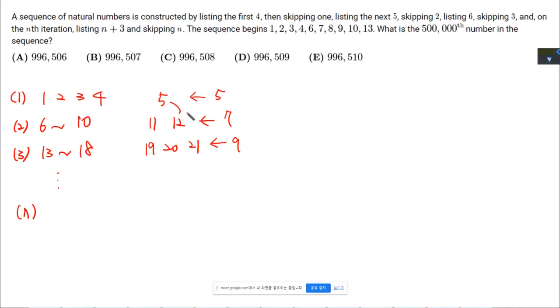When you think of the difference of the listed numbers, that means group N will contain 2n plus 3 numbers, and among them the n number will not be included. So that's the pattern.